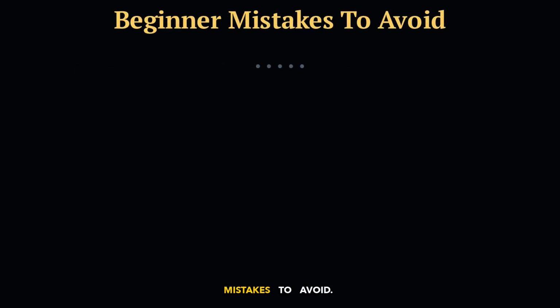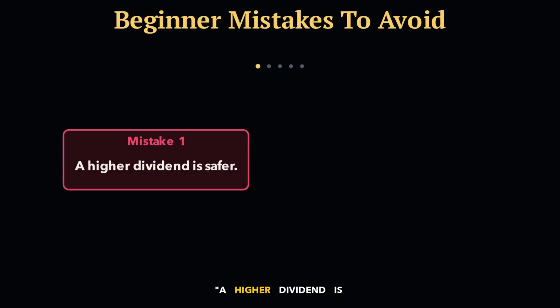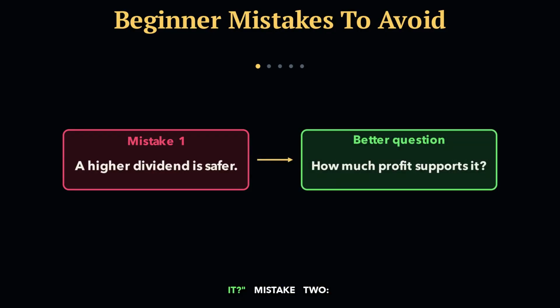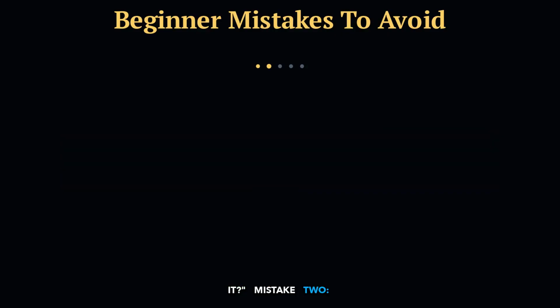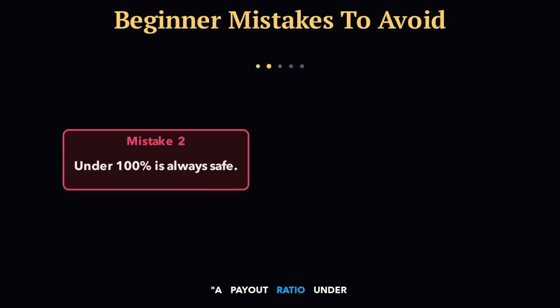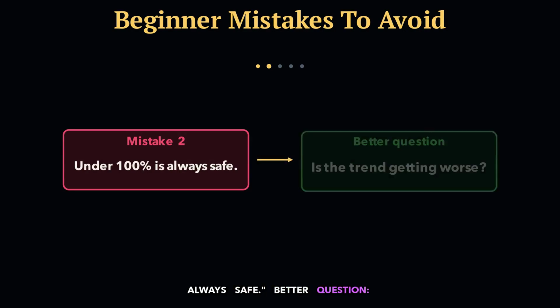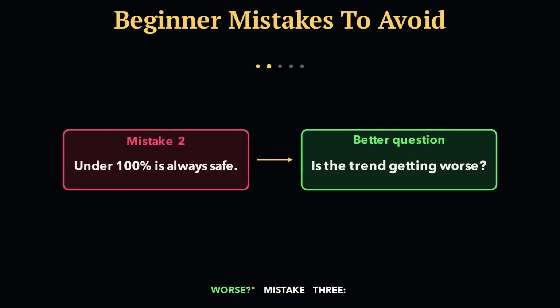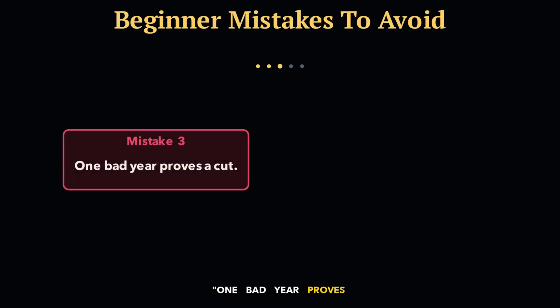Here are the beginner mistakes to avoid. Mistake 1, a higher dividend is safer. Better question, how much profit supports it? Mistake 2, a payout ratio under 100% is always safe. Better question, is the trend getting worse? Mistake 3, one bad year proves the dividend must be cut.